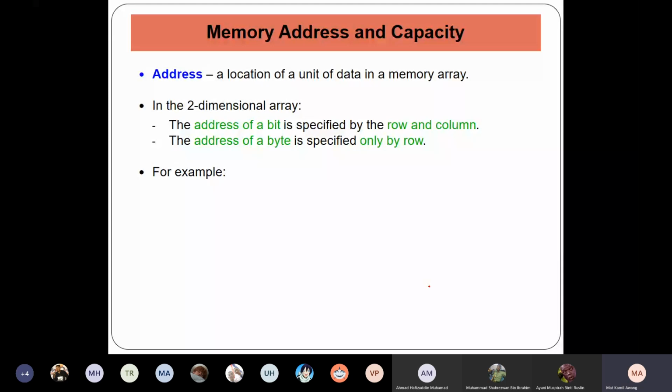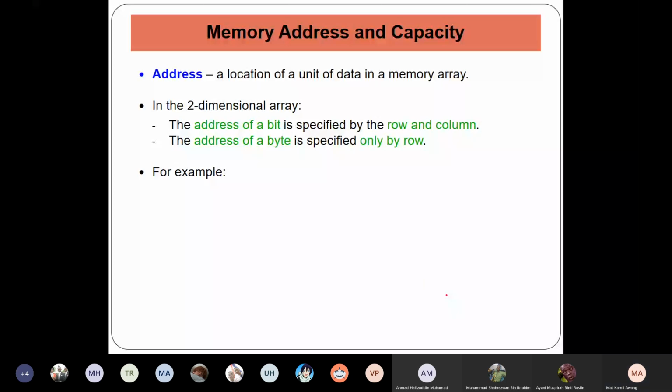Address is basically the allocation of a unit of data in a memory array. In a 2-dimensional array, the address of a bit is specified by the row and column. Okay? And the address of a byte is specified only by the row.